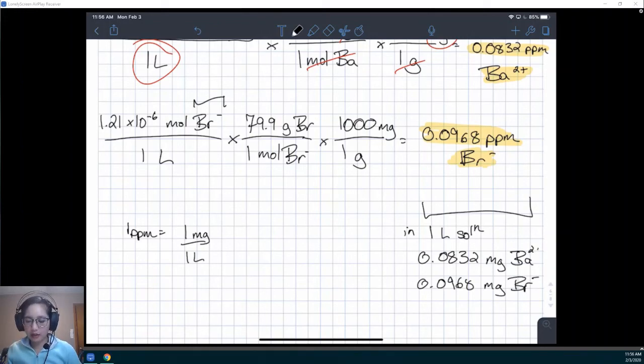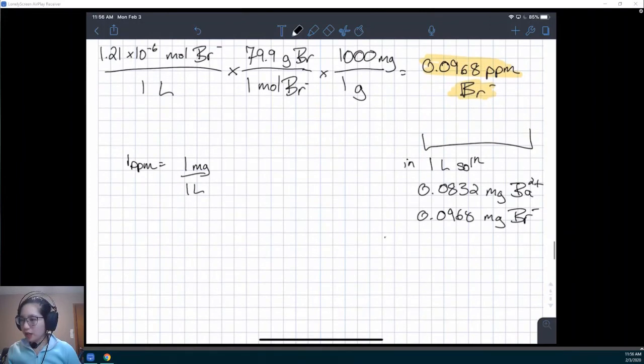If we add those two values up, 0.0832 plus 0.0968, I get 0.18 milligrams.